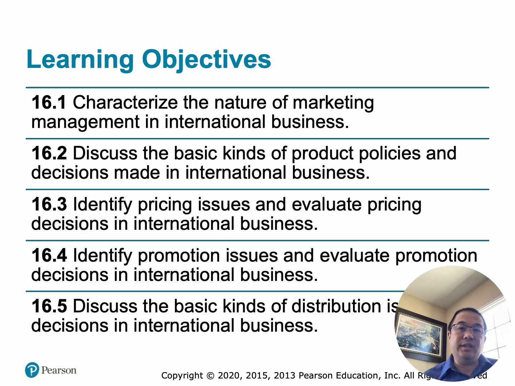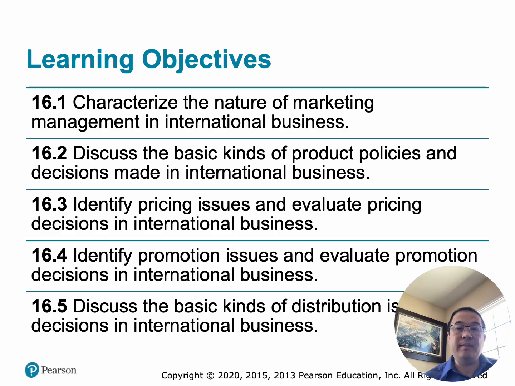16.5 Discuss distribution issues and decisions. This focuses on how products reach customers. The key question here is, should products be sold online? Should they be sold through wholesalers or through retailers? Another possibility, what about company-owned stores?